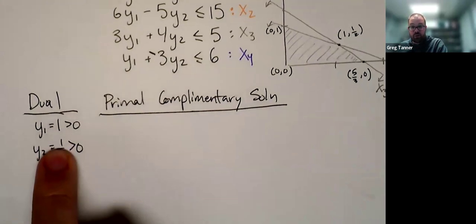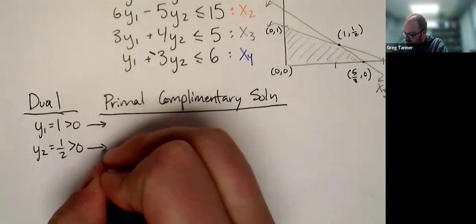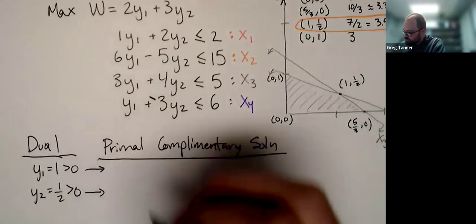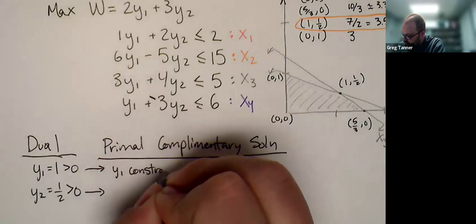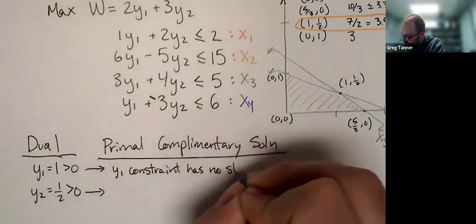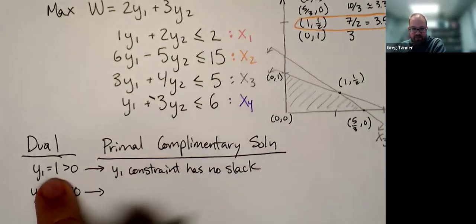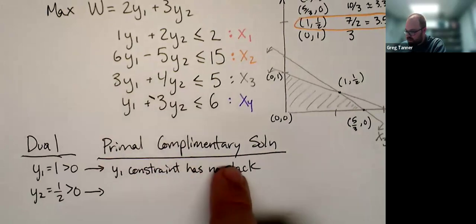And so if the dual variables are positive, not 0, that tells us that the corresponding constraints have no slack. And so the y1 constraint in the primal problem has no slack because the slack times the variable has to equal 0. The variable is non-zero, so the slack must be 0. And so there's no slack.